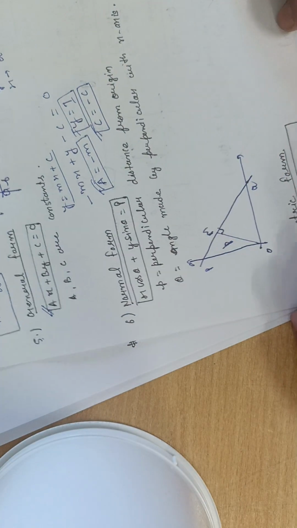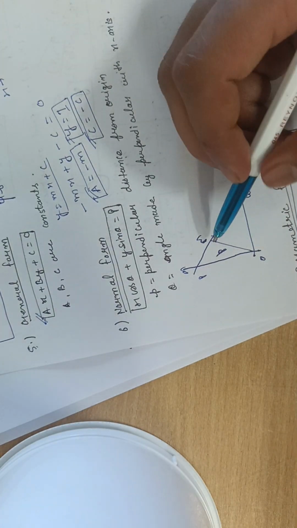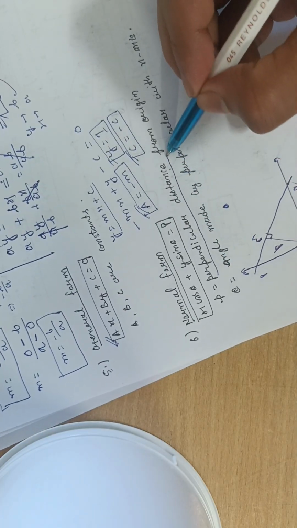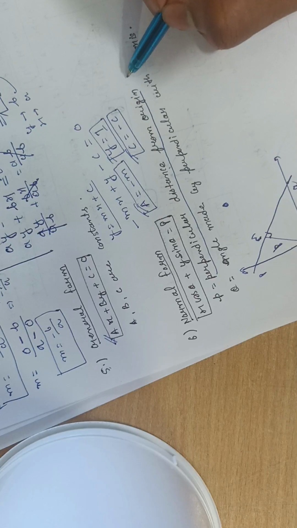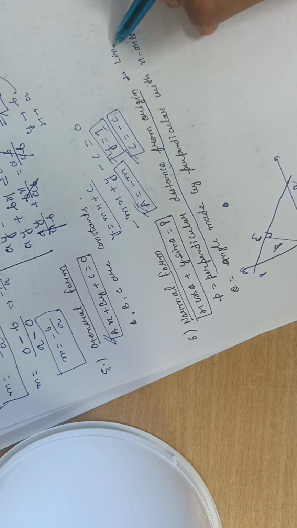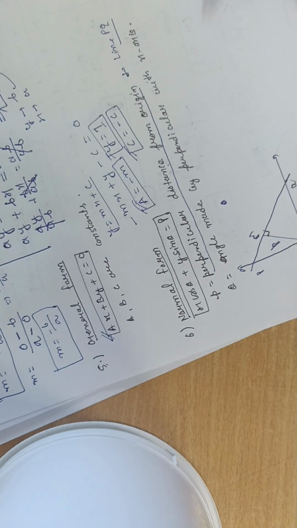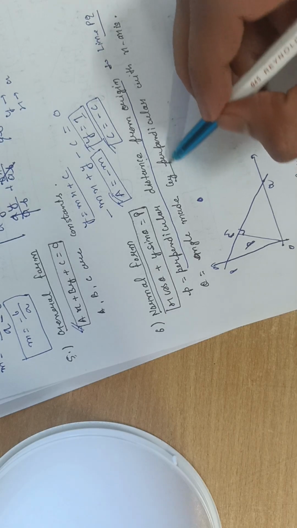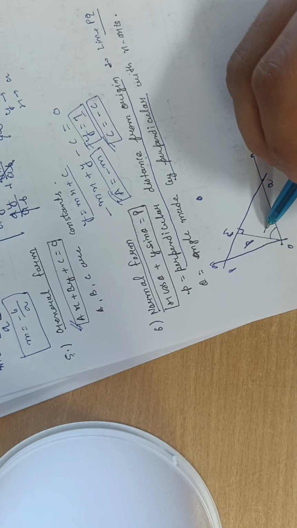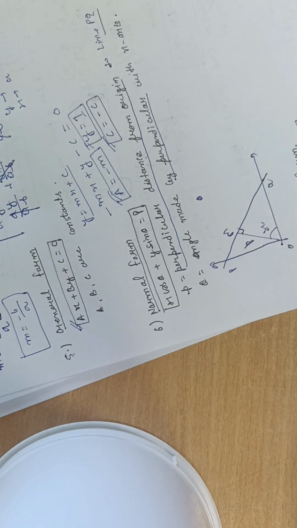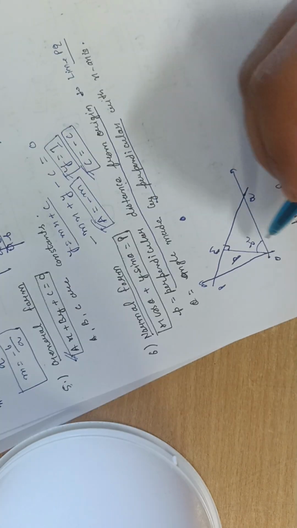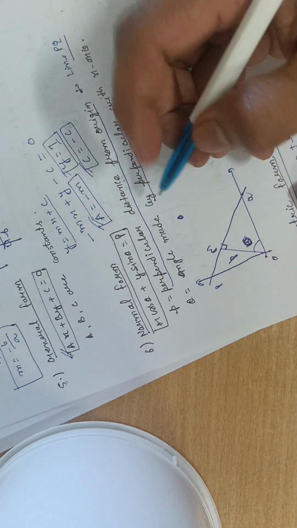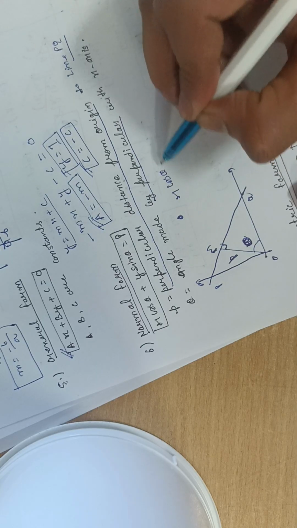Small p is the perpendicular distance from the origin to line PQ, and alpha is the angle made by the perpendicular with the x-axis. This is the x-axis. If you are given these two data, and this is theta, the angle made, and you have to determine the equation of the line, then the equation of the line is written like that.